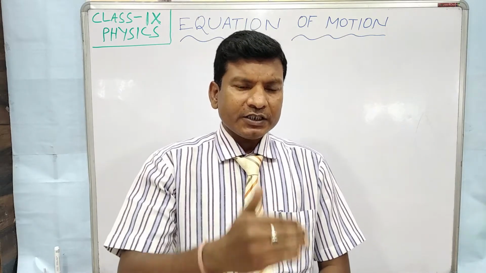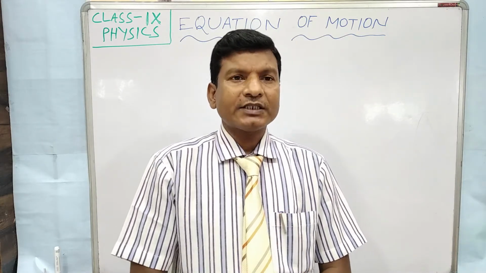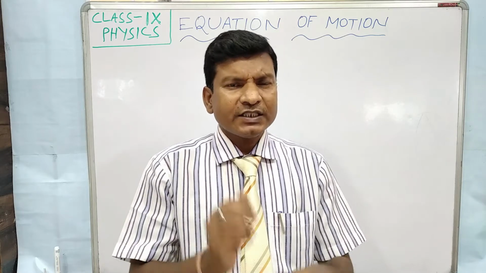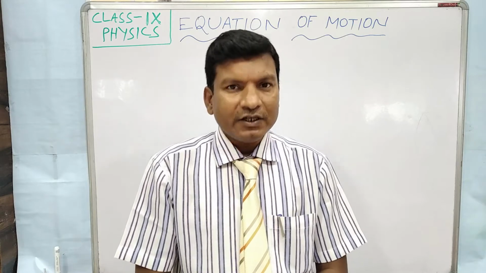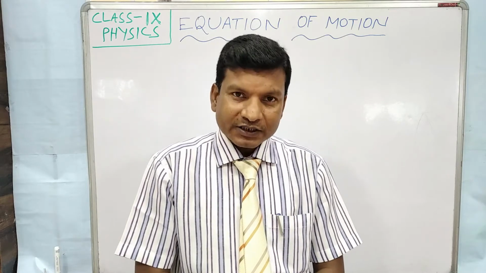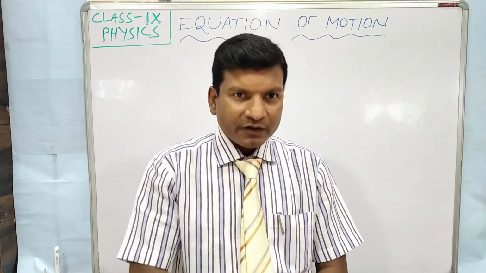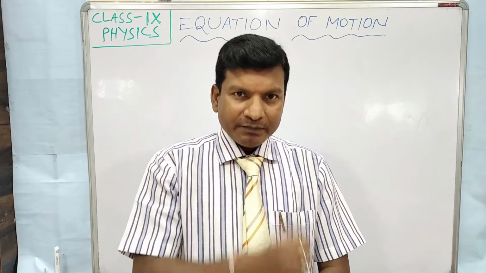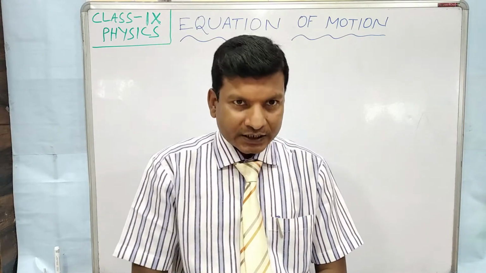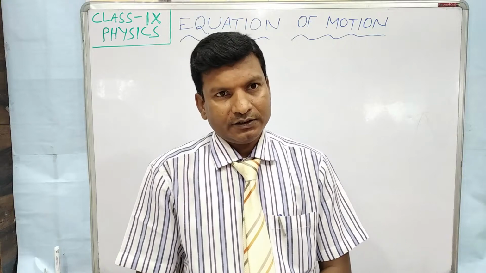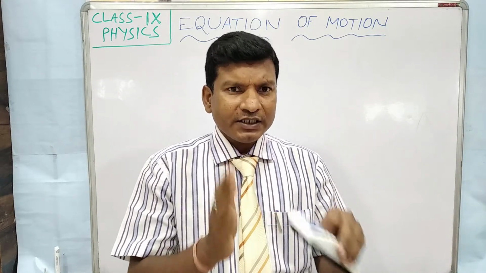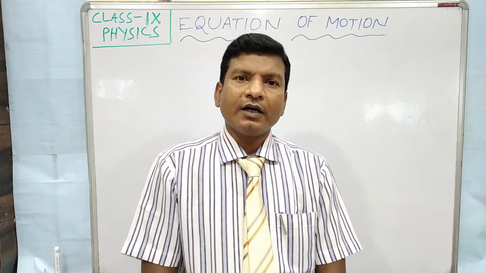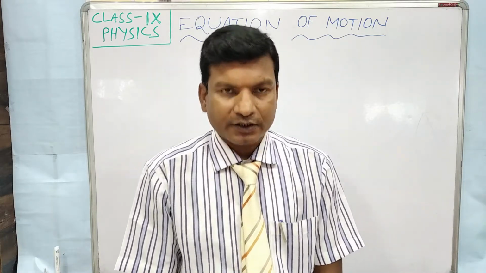Now, when the body is moving in one-dimensional motion, what physical quantities do we get? We get initial velocity, final velocity, distance covered by the body, time taken to cover a certain distance, and acceleration. So in this chapter, we will see how these physical quantities are related to each other.